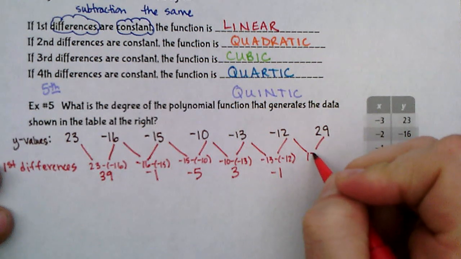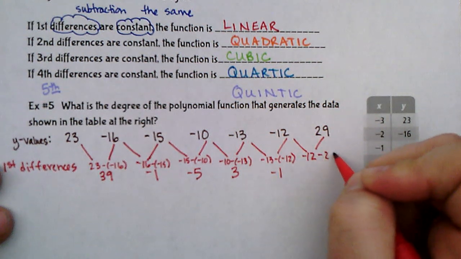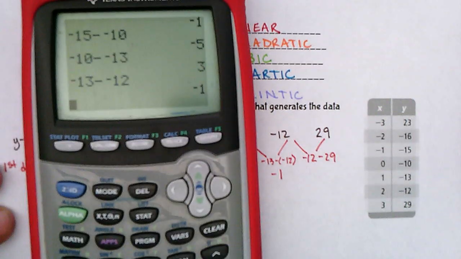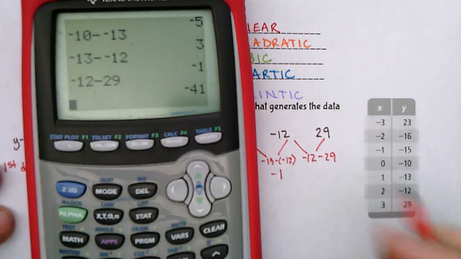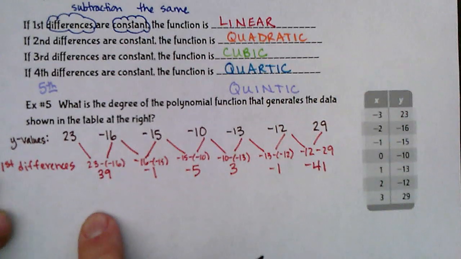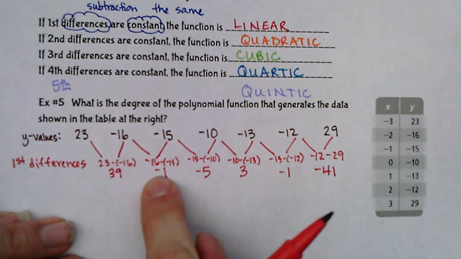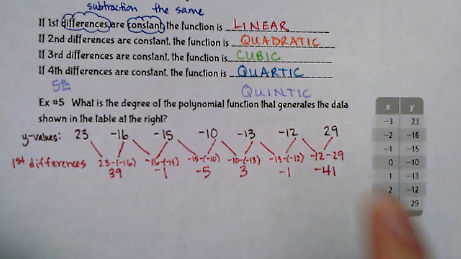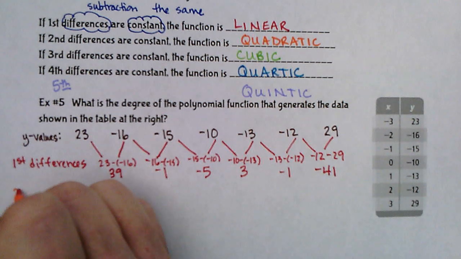And then negative 12 minus 29, which is negative 41. Now, our first differences are not all the same, so it is not linear. So then we move on to second differences.